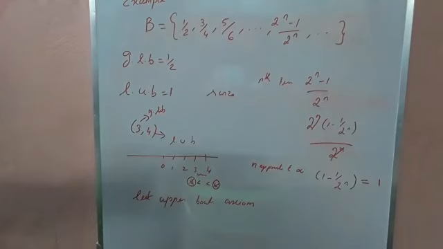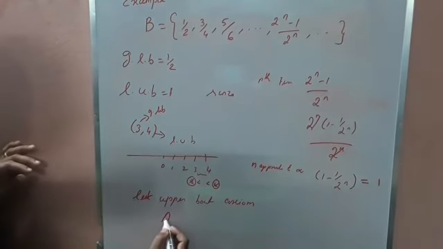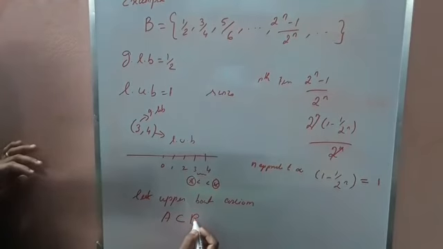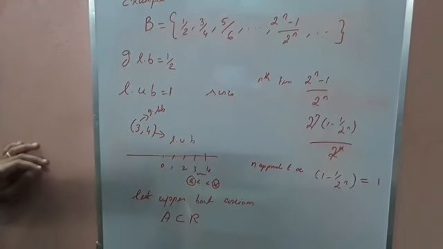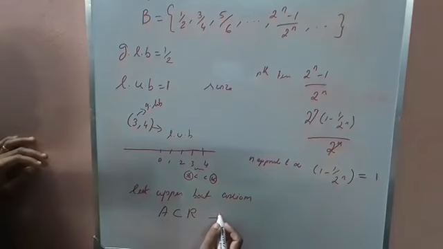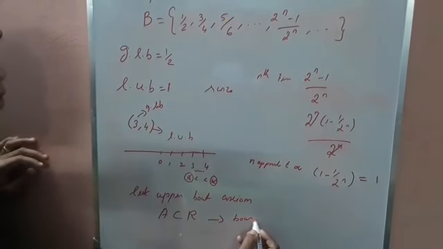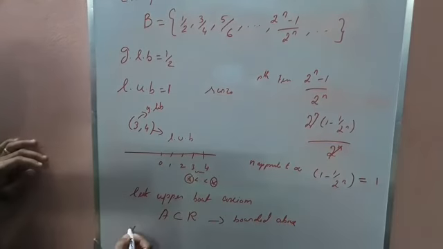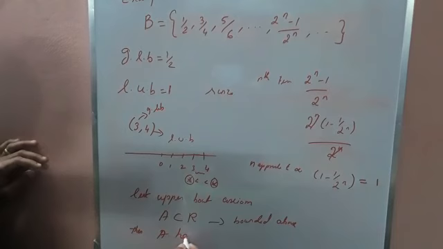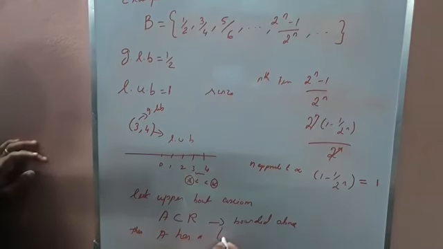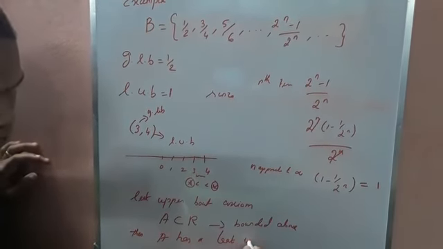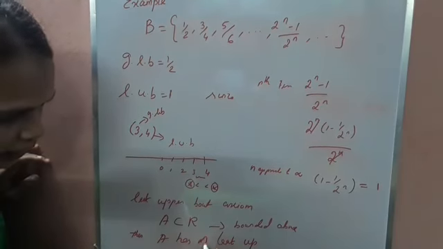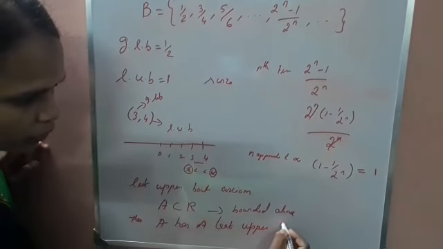Consider a non-empty subset A of R that is bounded above. Then A has a least upper bound.